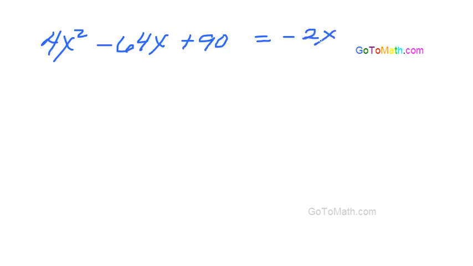Let's go over here. That's where we need to be. So 4x squared minus 64x plus 90 is equal to negative 2x squared.